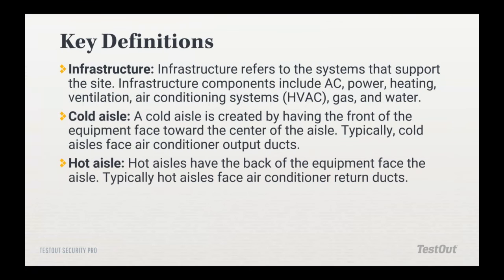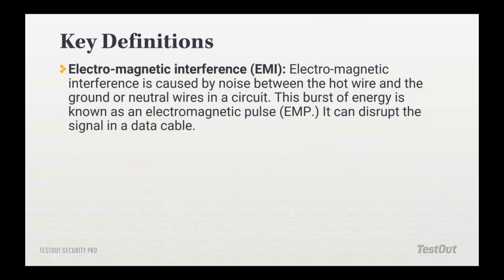That's created by having the front of the equipment face towards the center of an aisle. The cold aisle faces air conditioner output ducts, while the hot aisle has the back of the equipment face the aisle. In this case, they face the air conditioning duct returns. And that's all about getting the cooling and airflow through your equipment.